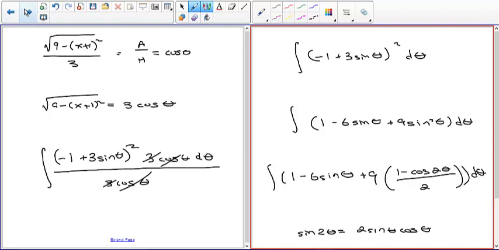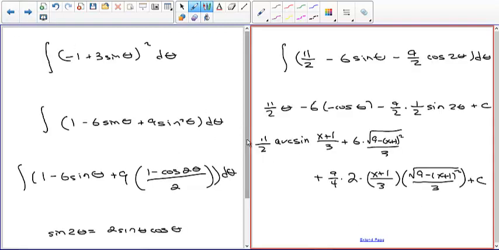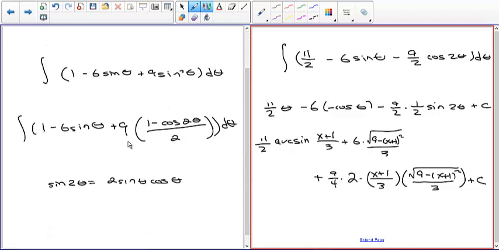And then I said 1 plus 9 halves was 11 halves. Negative 6 sine theta. 9 times negative 1 half, negative 9 halves, cosine 2 theta. That's right. The integral of 11 halves is 11 halves theta. The integral of cosine is sine, and the integral of sine is negative cosine.